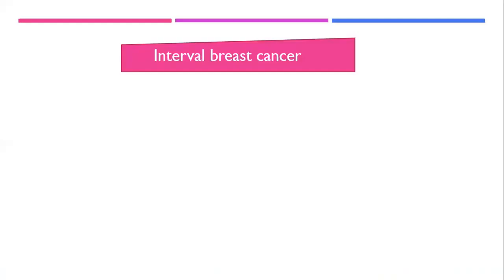Okay, so what is the interval cancer? Do you know the interval cancer? This case is an interval cancer. The interval cancer is a cancer detected clinically between mammography screenings.